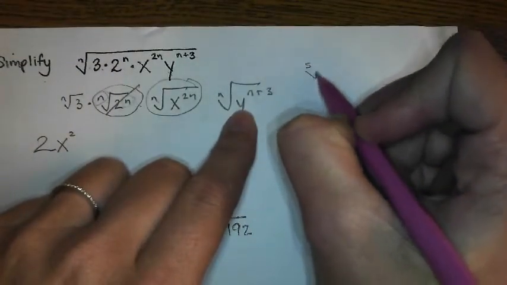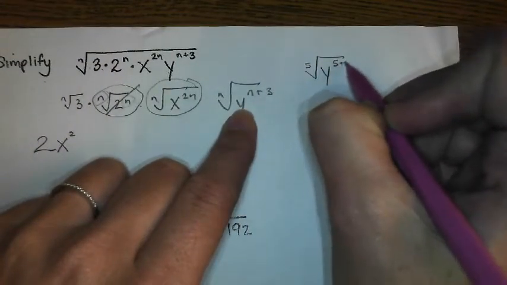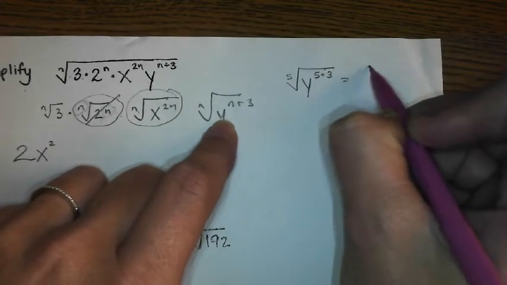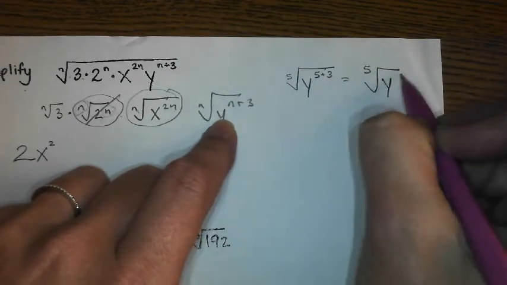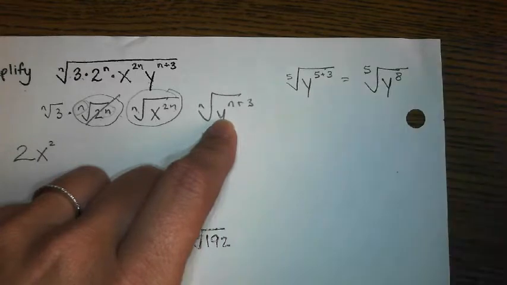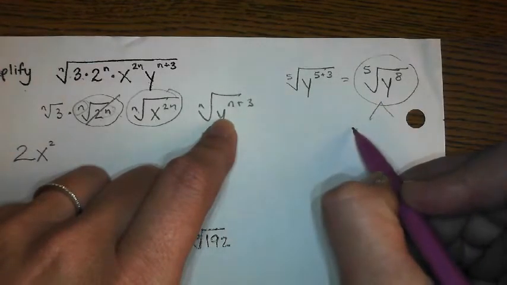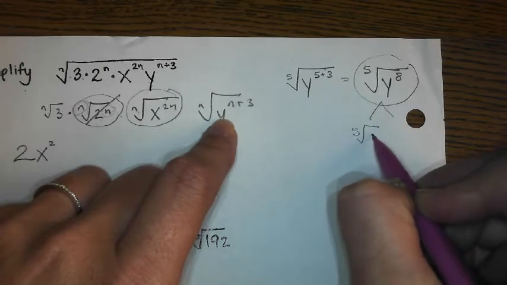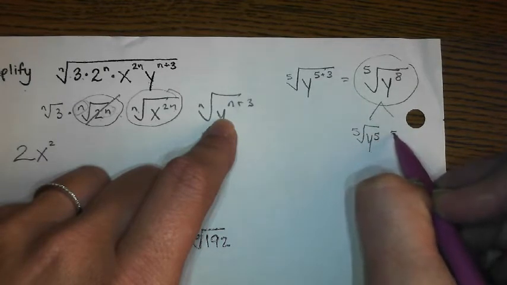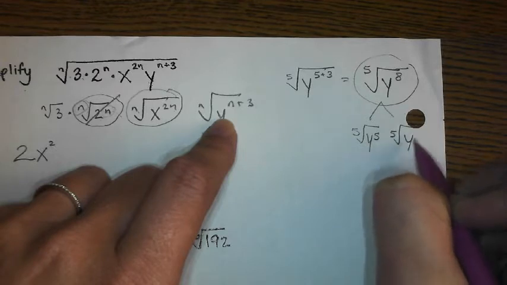Let me ask you this. If it was the fifth root of y to the 5 plus 3, that would technically be the fifth root of y to the 8th, yes? And how would you break this down? You would break it down into the fifth root of y to the 5th times the fifth root of y to the 3rd.